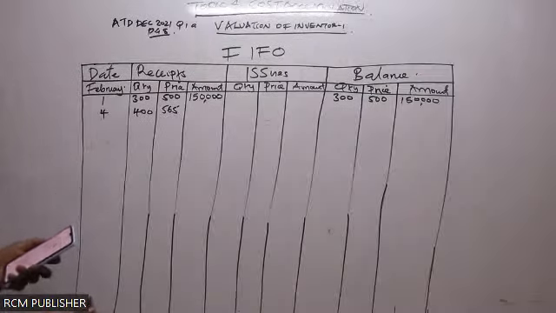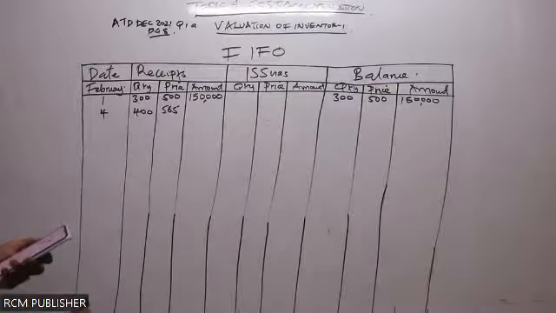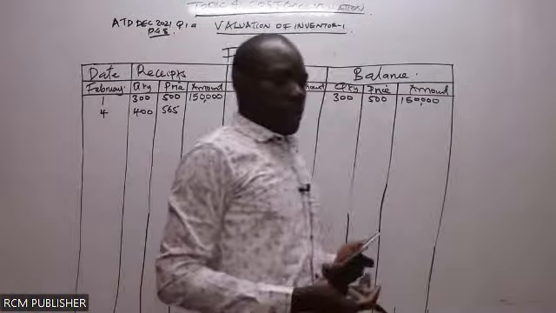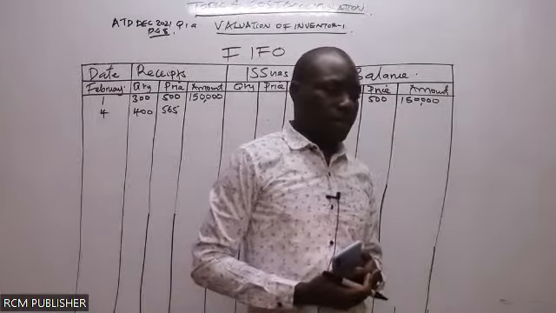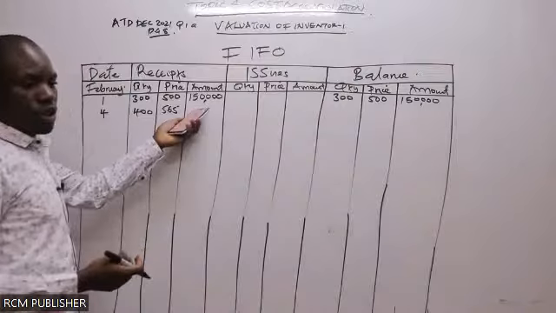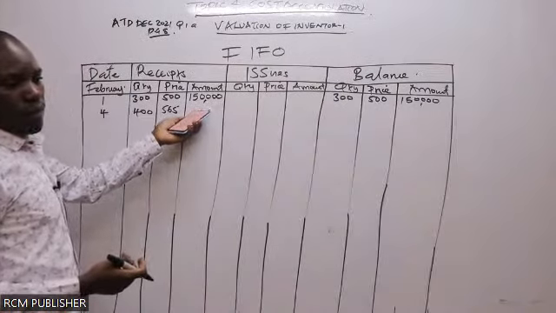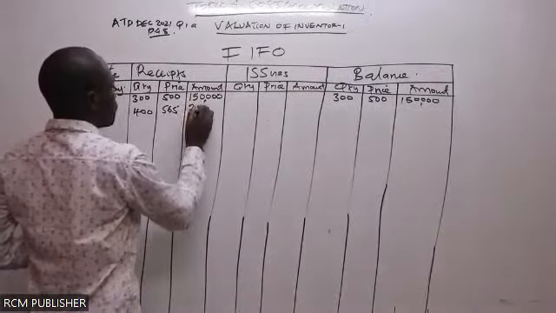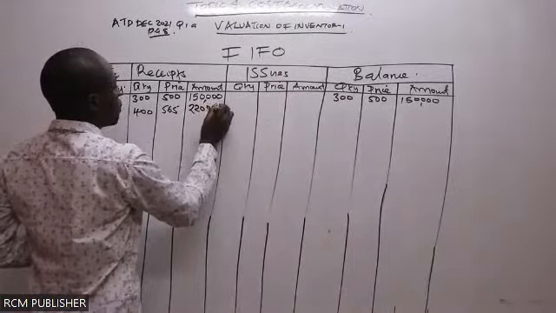What is the value there? 400 by 565. These things we did yesterday, so it is a matter of copying. What are we supposed to have? 220,000. So that is what they received.